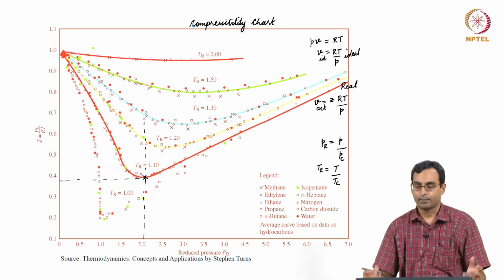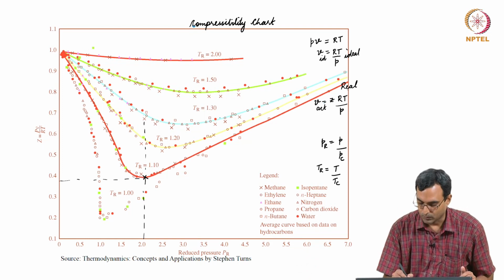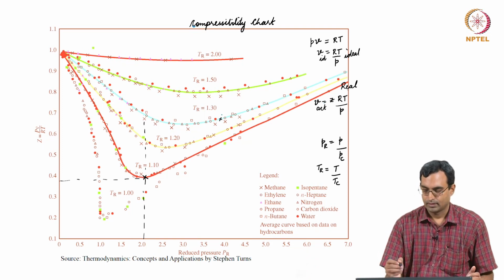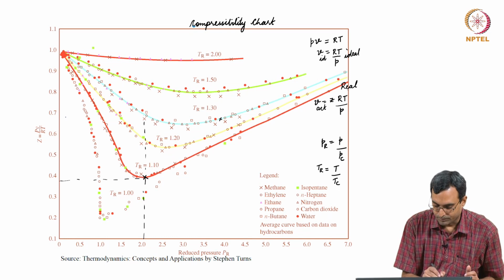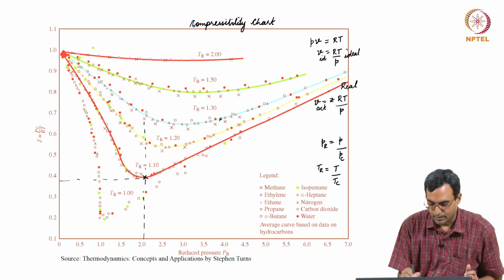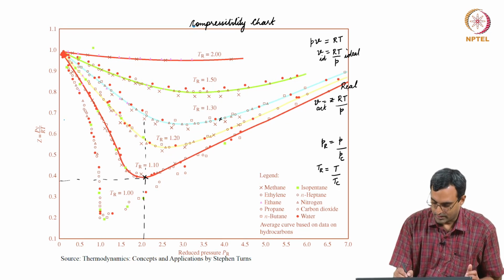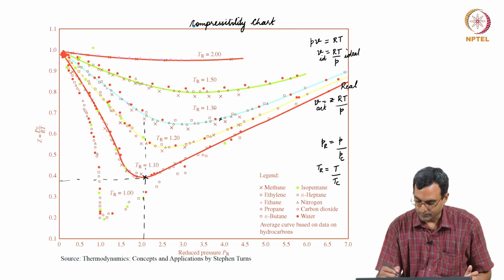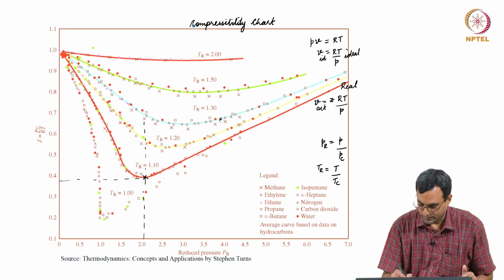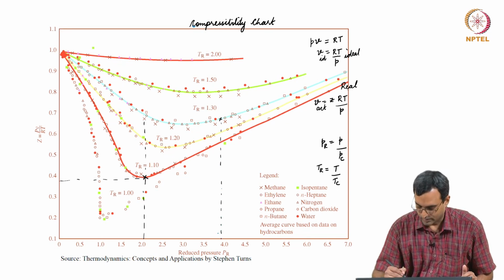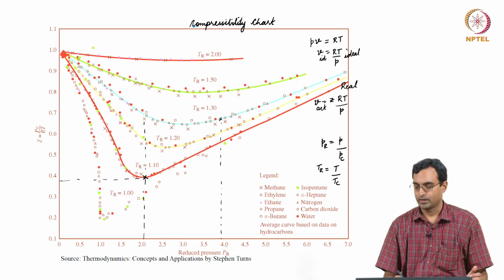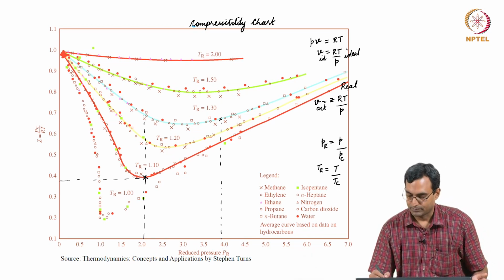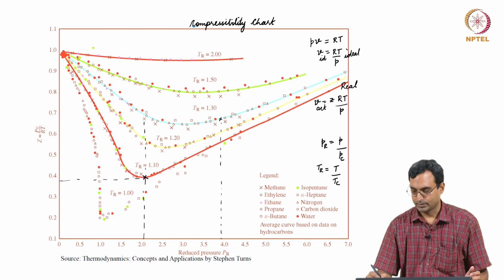Similarly, for example, at some other condition, let us say I wanted to know what is the volume if I have a temperature of 1.3 TR, or TR is equal to 1.3, and if I had a reduced pressure of 4, which means the pressure is 4 times the critical pressure.